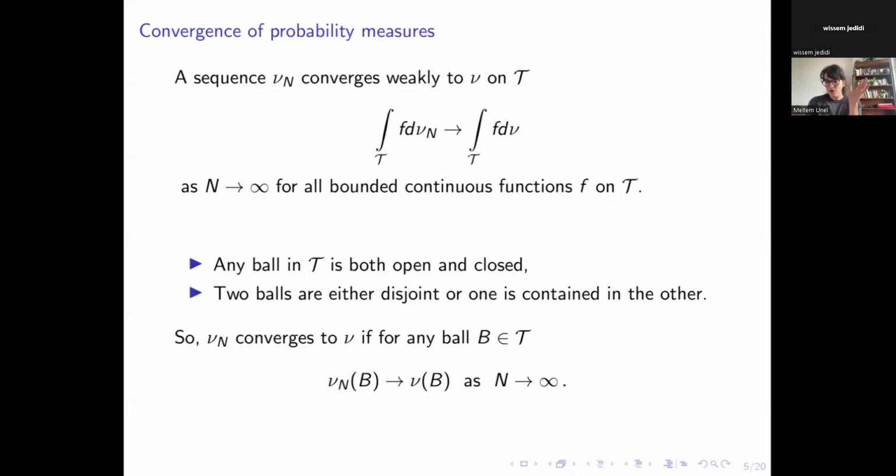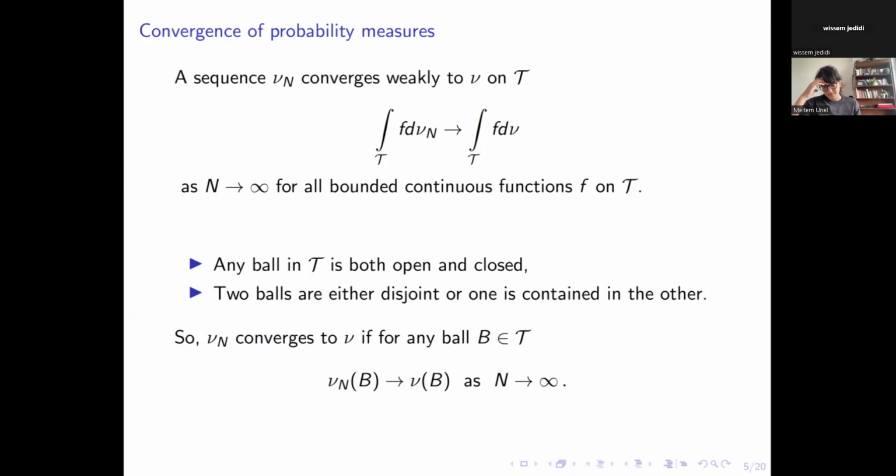If I take any ball around any tree of arbitrary radius, and if nu n of B converges to nu of B for any ball, then I will say that nu n converges weakly towards nu. These results, given these properties, follow from classical properties of weak convergence of probability measures.